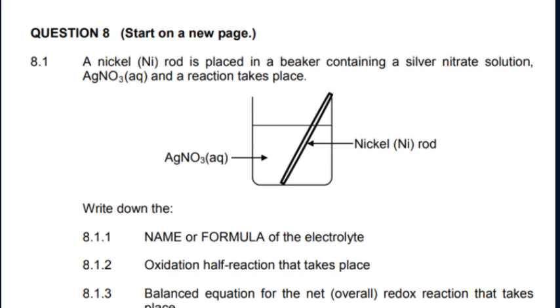8.1 says a nickel rod is placed in a beaker containing silver nitrate solution, which has the chemical formula AgNO3. And a reaction takes place. So we're obviously going to have to figure out which reaction takes place over here.